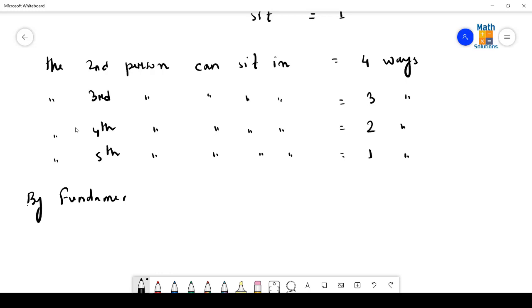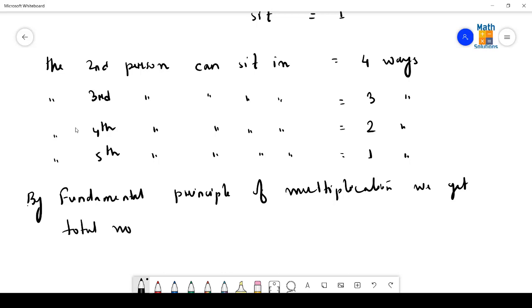The total number of arrangements is equal to 4 into 3 into 2 into 1, and before this, for the first position, we have to put this 1.